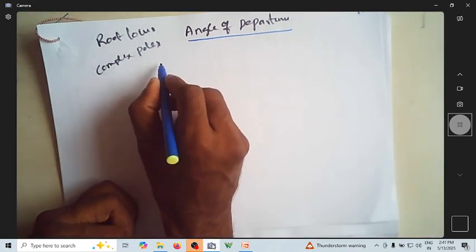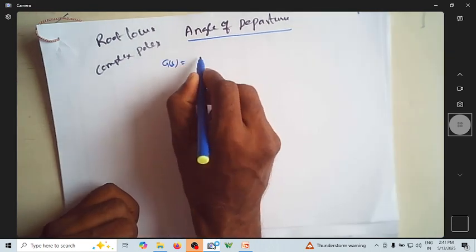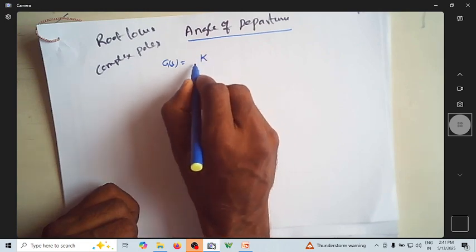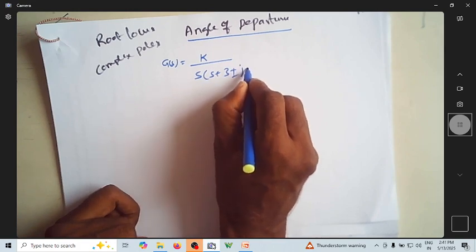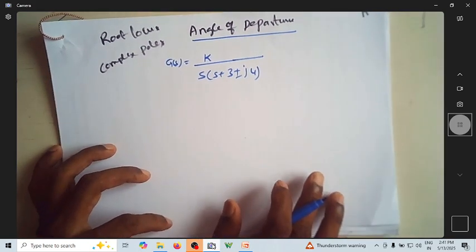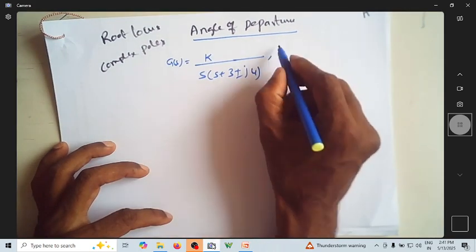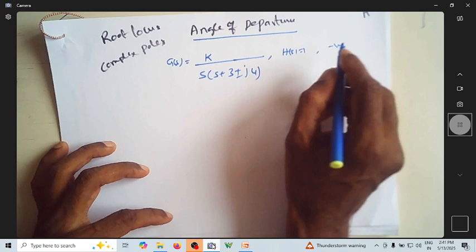So let us take a system having G of s as K into s into (s plus 3 plus or minus j4). Suppose this is the transfer function and H of s is 1, and we consider a negative feedback.